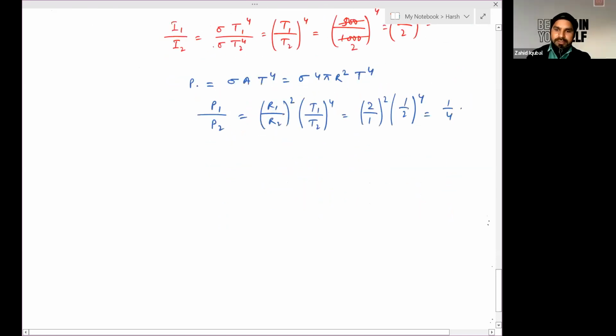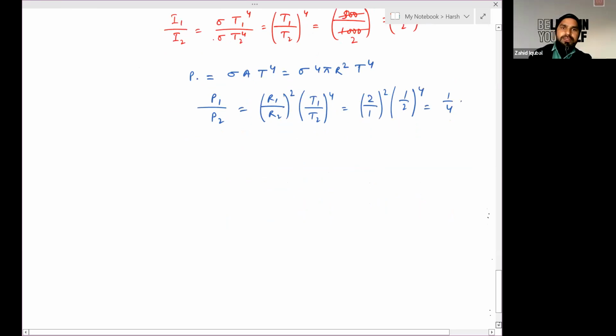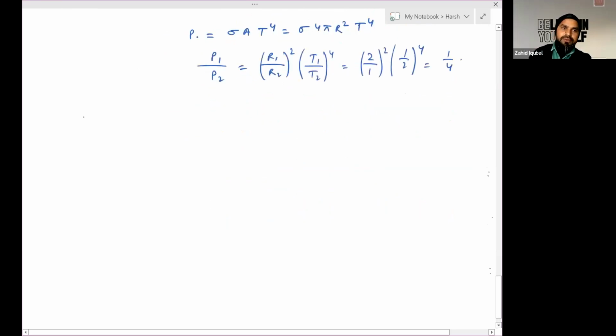Now, the next thing on the basis of this part, we have to define Newton's law of cooling. Before that, let me explain you something.